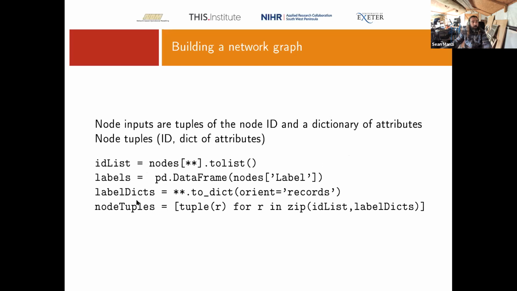And then they are converted into a dictionary, as any attributes that need to accompany the nodes are entered as a dictionary in the tuple. And then here we're using list comprehension, doing a for loop and creating tuples for each node with an ID and a label.